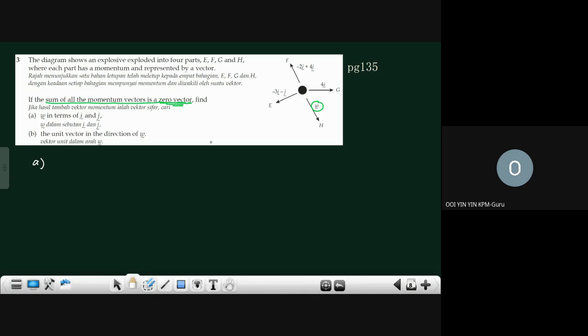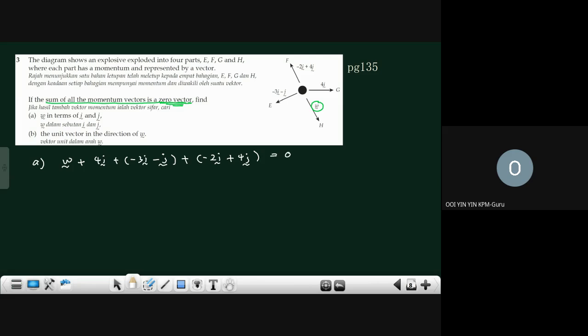Start with lambda since we want to find lambda: lambda plus 4i, and then plus negative 3i, negative j, and then plus negative 2i plus 4j. The sum of all these vectors equals 0.